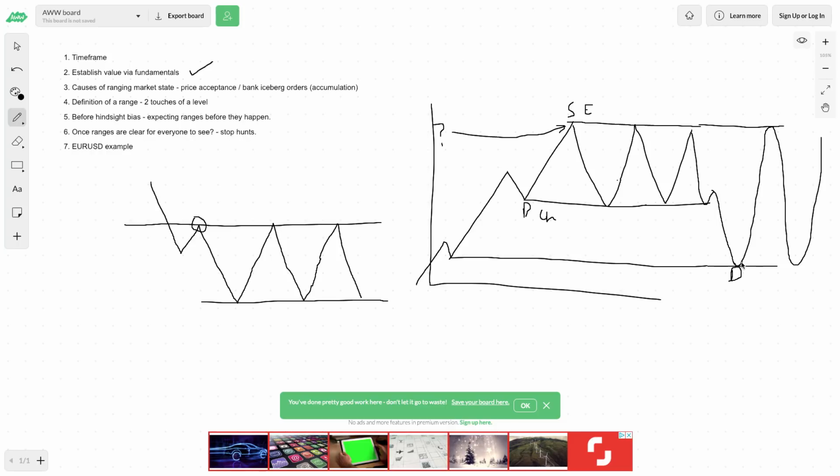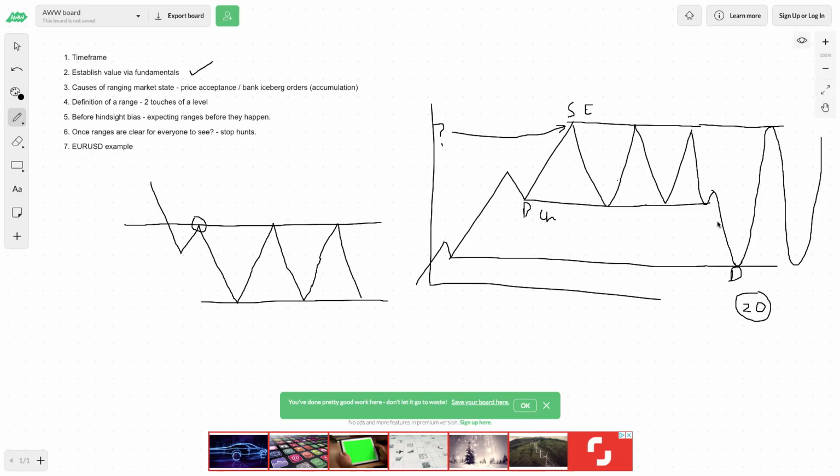So on a lower time frame, this might be the daily time frame, but on maybe an hourly time frame, you might get in here risking maybe 20 pips or so, but on the daily time frame, this is maybe part of the daily time frame range, and that's how you use time frame analysis on your trades, right?